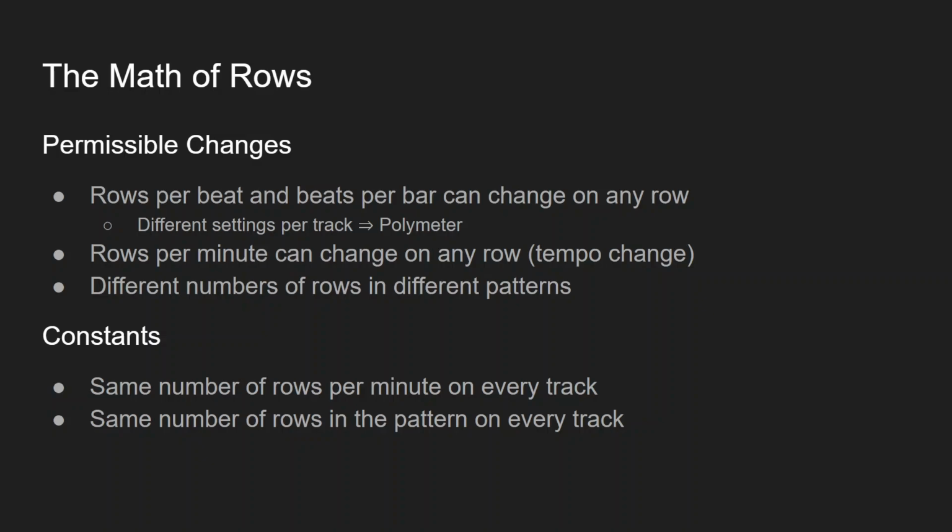There are some trackers that let you violate these rules. One of them is LSDJ for making music on the Nintendo Game Boy. But then it's less of a spreadsheet, a two-dimensional pattern with all your tracks laid out, and it's more like a bunch of independent columns moving at their own speeds.